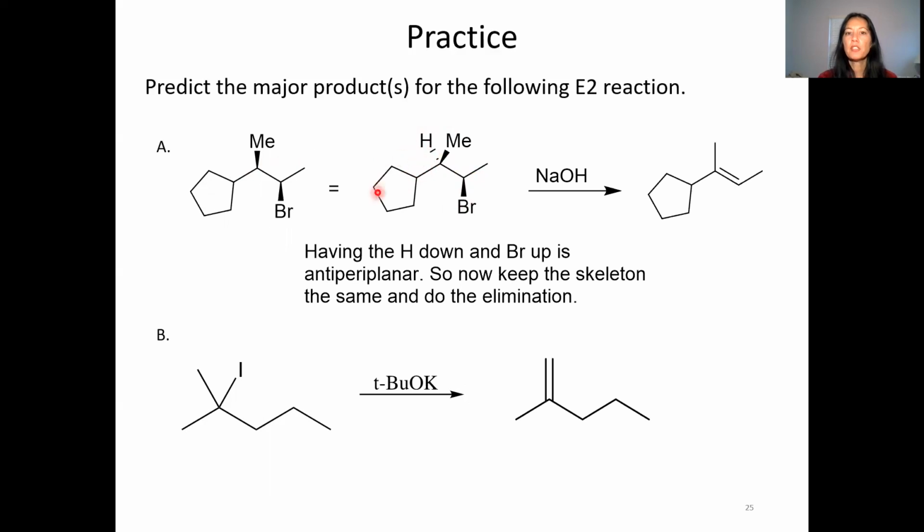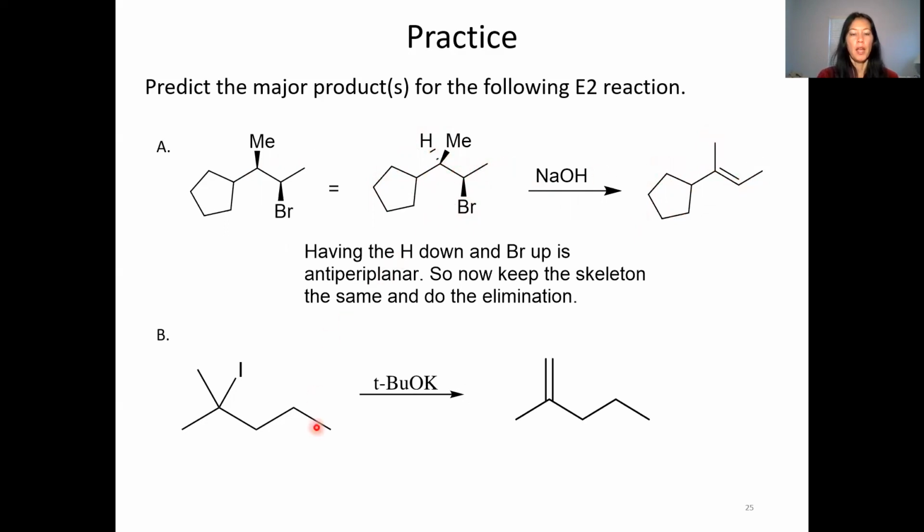So what I recommend is just keeping the skeleton straight lines intact. And you can see that here, these straight lines are intact, and you do your elimination. So you deprotonate this H, you form your alkene here, and the bromine leaves, and so you have your methyl up, the cyclopentyl here, and just the rest of the chain is the same.